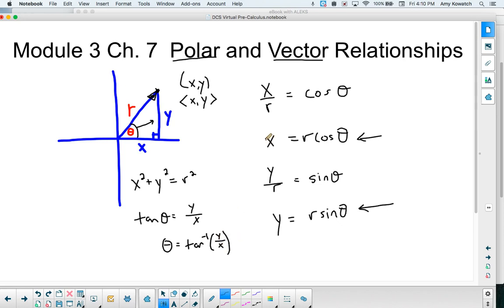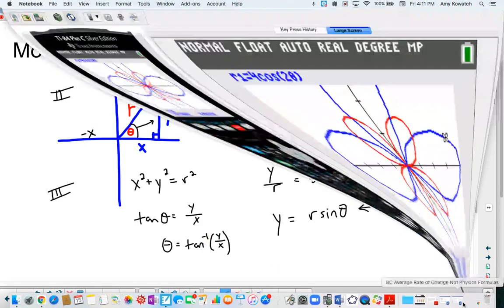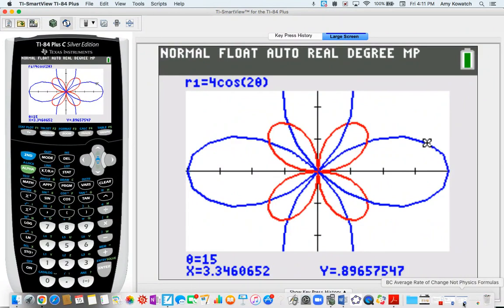And you'll add pi when you're in the second or third quadrant, which really means that you have a negative x value. So if you have a point that's over here in the negative x, whatever this angle is, you're going to have to add pi to that, or 180 degrees, depending on what you're in.